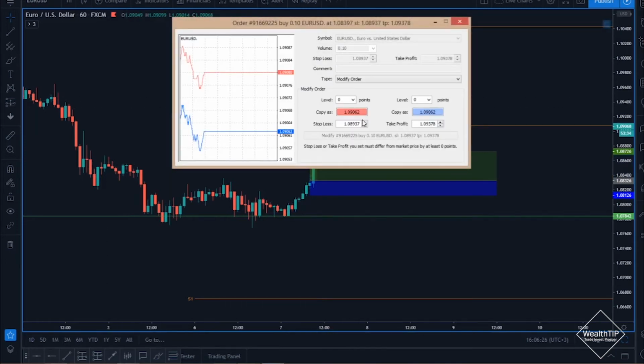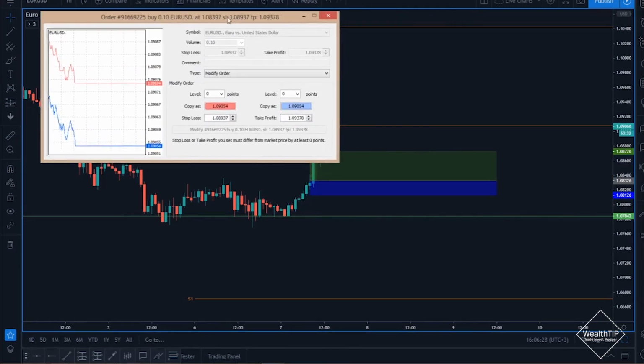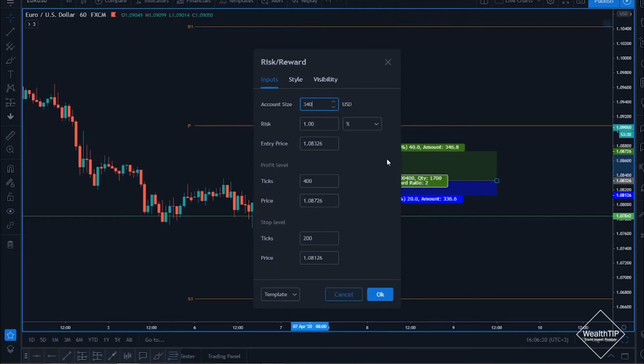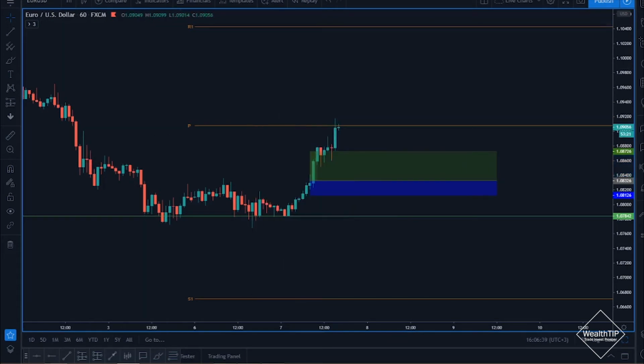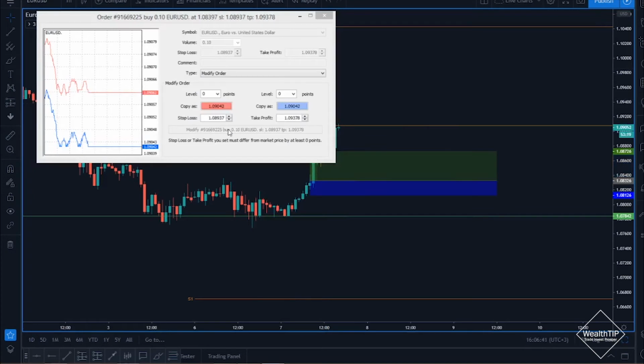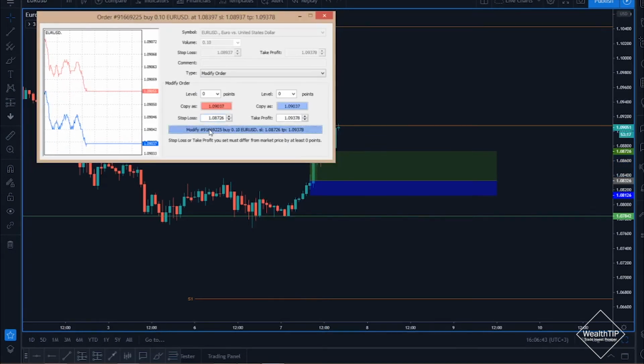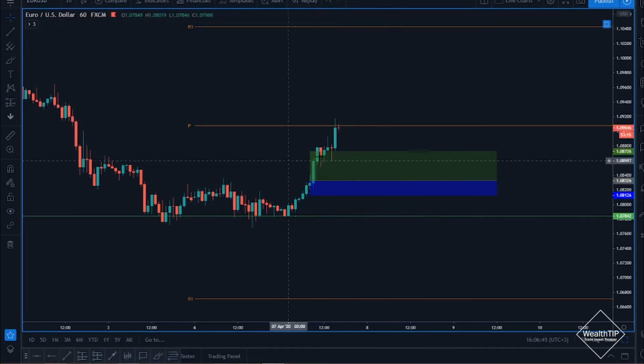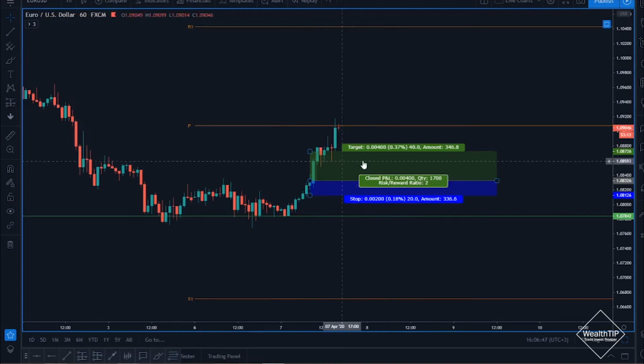Let's go ahead and secure some profits over here. What's this price? Okay, just get this out of the way and go. So what we're doing now is securing some profits over here.